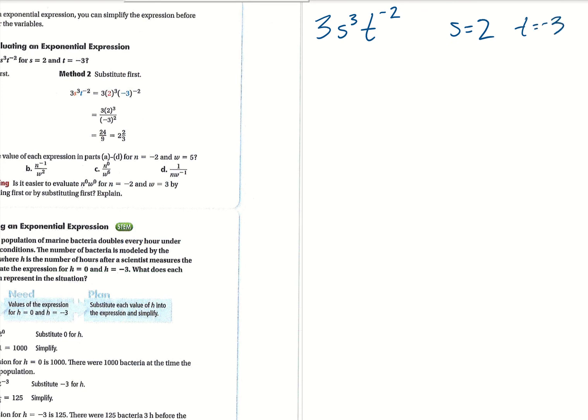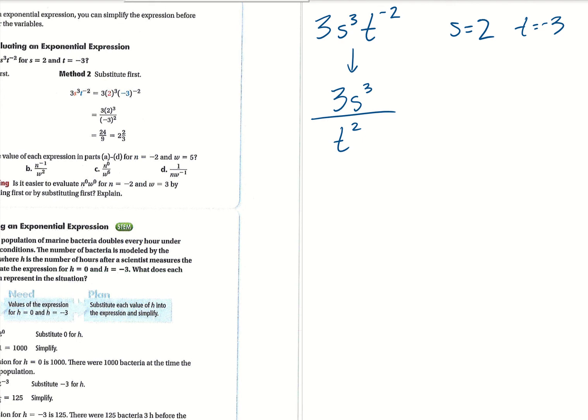Okay, so first, if I simplify first, that's going to bring this down to 3s to the third over t squared, right? Because that t is the part that has the negative exponent. Okay, so make sure you recognize it's only the t that has that exponent of -2.